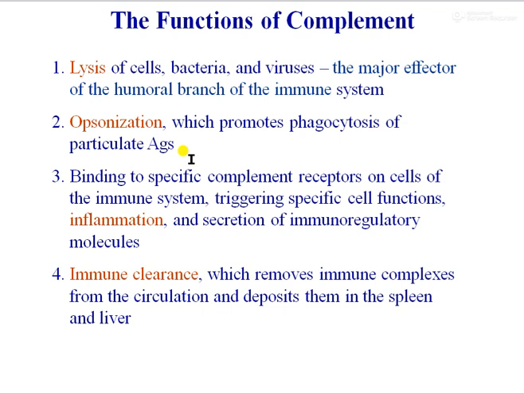So when complements bind onto some cells, it triggers inflammation as well as the secretion of other immunoregulatory molecules, and also immune clearance, that is, removing the immune complexes from the circulation and depositing them in the spleen and liver to be further digested. That function is also carried out by the complement system.